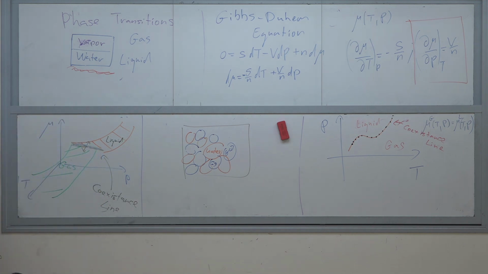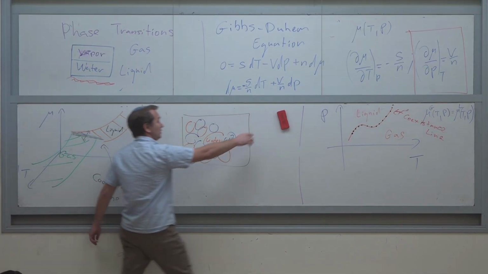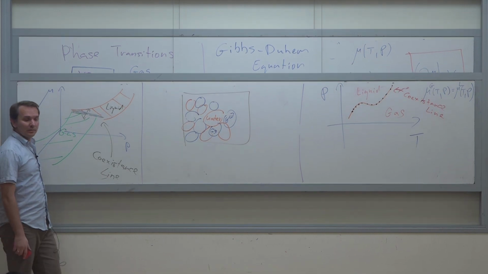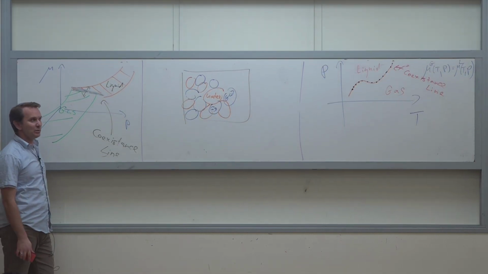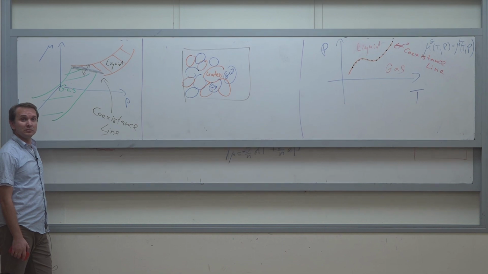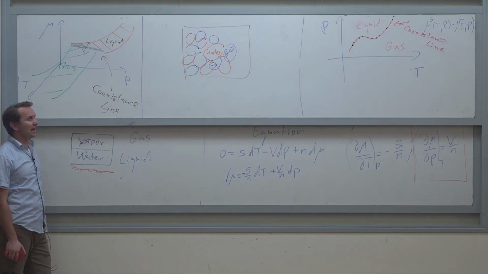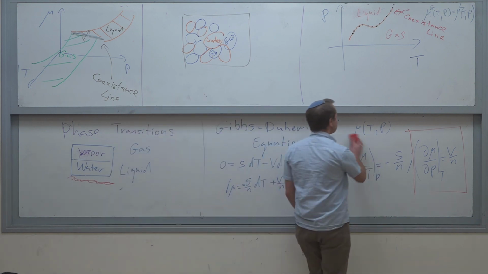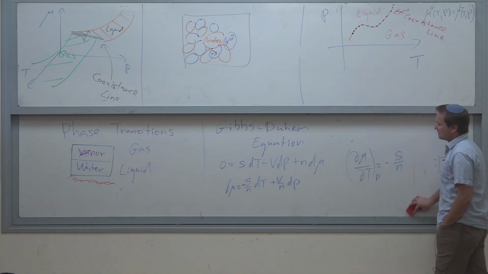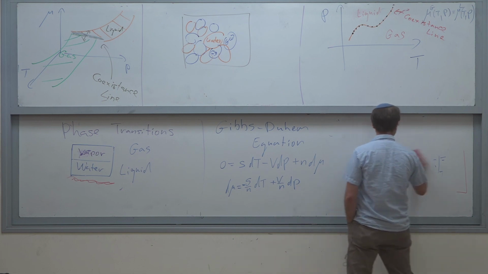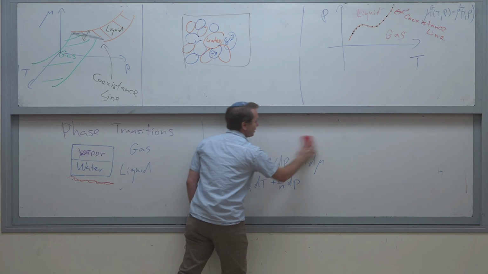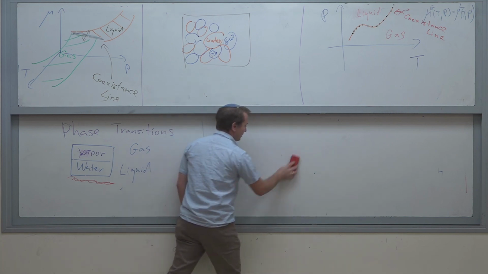Now you can say, Stas, I know that there are actually three phases of matter, at least simple matter. We can have gas, we can have liquid, we can have solid. Is there a coexistence? We can have a coexistence between liquid and gas. We probably can have coexistence between liquid and solid. We know that if we cool down the system, it eventually will become ice.